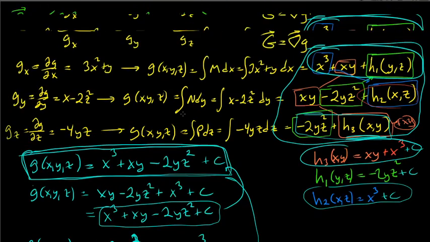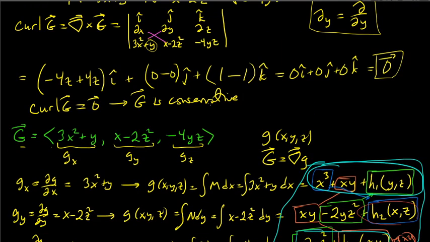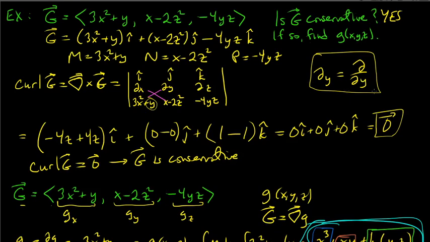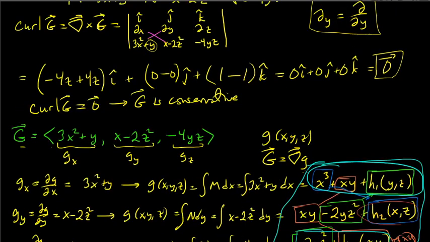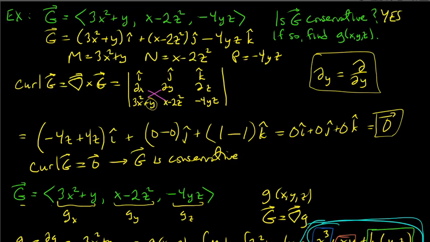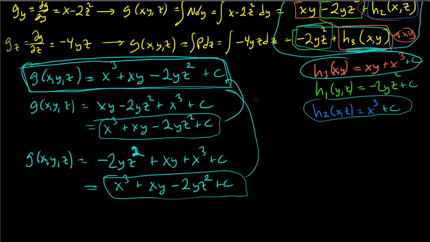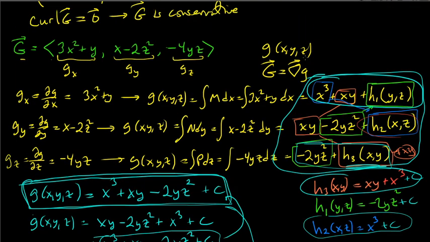And there has to be one because we already showed that g is conservative by taking the curl and showing that it equals 0. So if the curl is 0, and again, make sure you check that right and make sure it's correct, then there's guaranteed to be a potential function. Now finding it is this process of finding all three integrals here and then just mixing and matching.